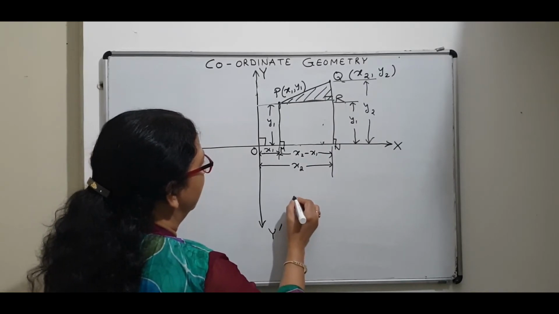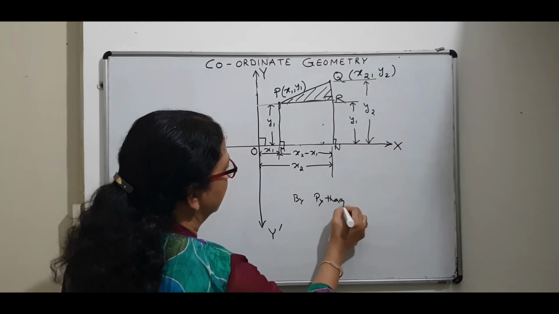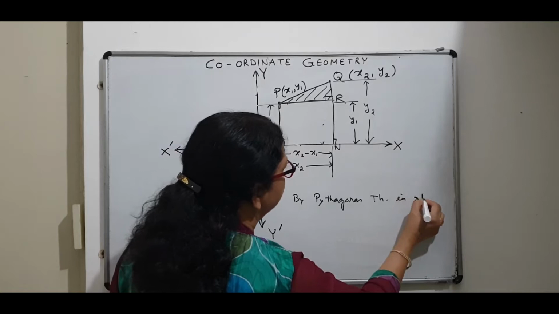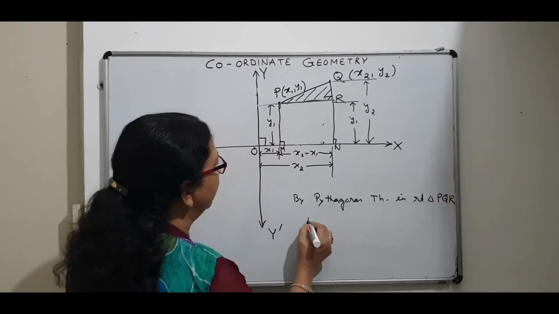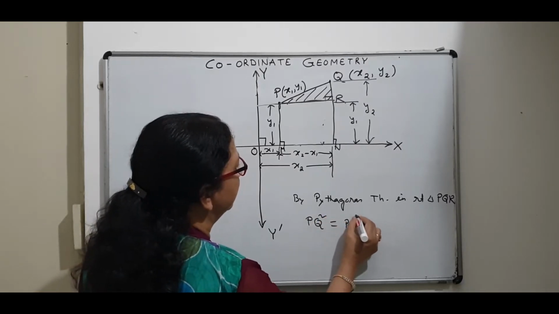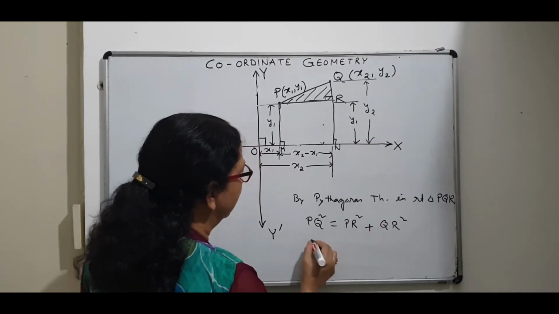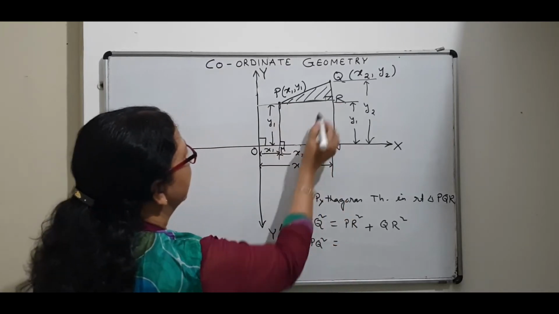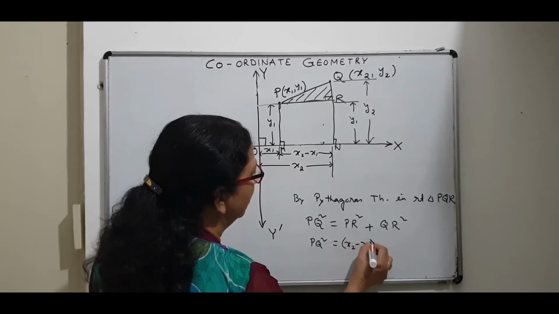So by Pythagoras theorem, in the right triangle PQR, we have this equation: PQ square is PR square plus QR square. What is PR? PR is equal to MN, the opposite side, so it is x2 minus x1 whole square.